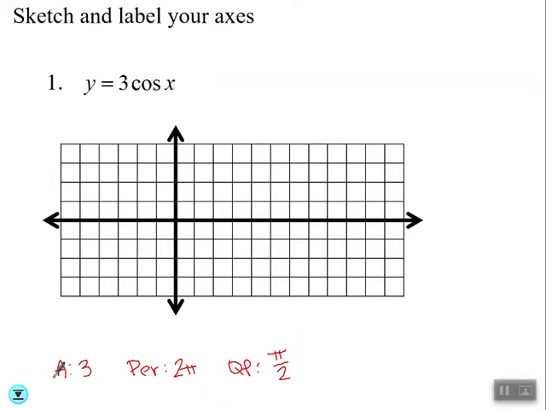So, the only thing that is different about this function is that the amplitude is 3. So instead of having a range of -1 to +1, like our original cosine function, this graph is going to have a range of -3 to +3.